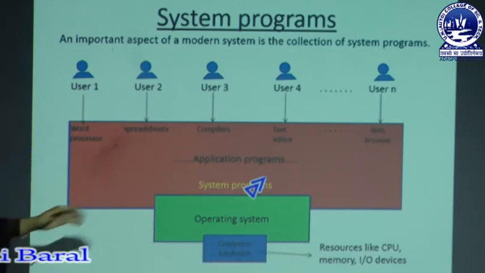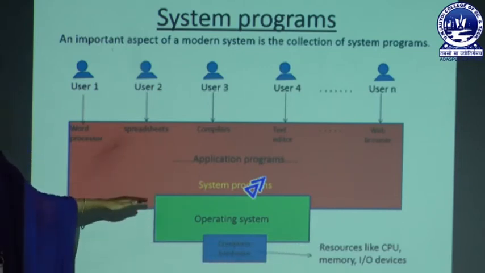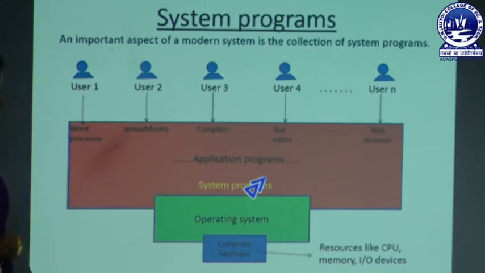Just on top of that we have our operating system, and on the operating system we have our system programs, and on top of our system programs we have our application programs like word processor, spreadsheets, compiler, text editor, web browser and so on. And here we have our users who interact with the entire system.